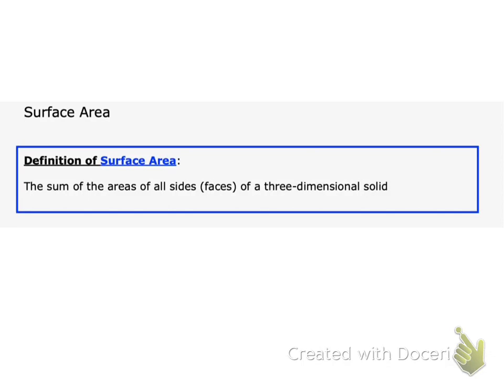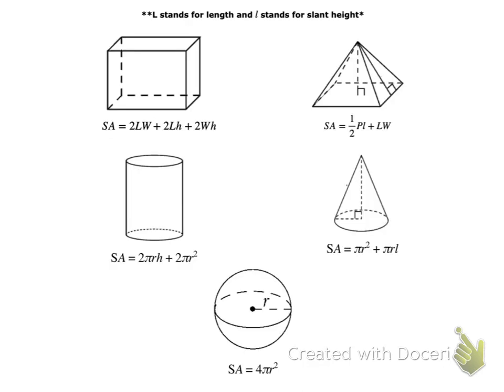So our units for surface area are going to be square units, not cubed units like volume. All right, so our formulas. For the sake of these formulas, I used a capital L for length and a lowercase l for slant height to try to give some clarity.